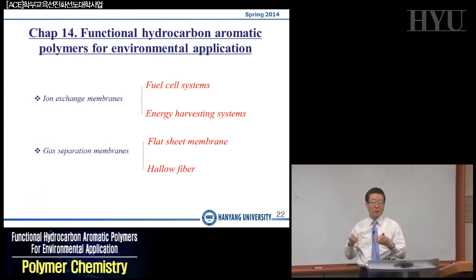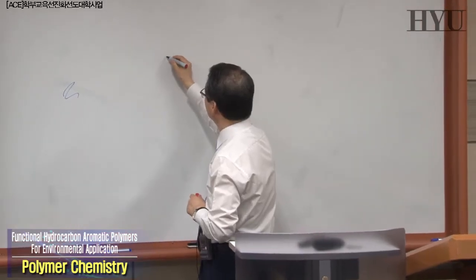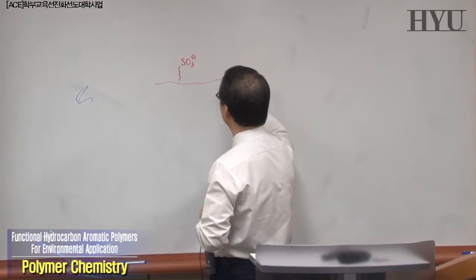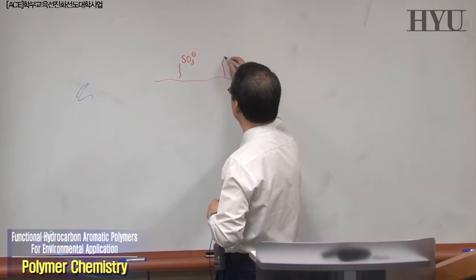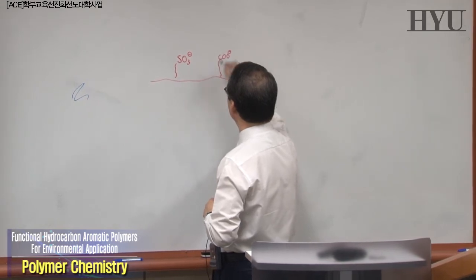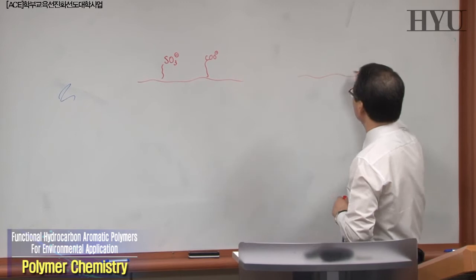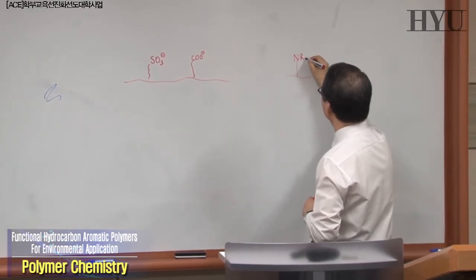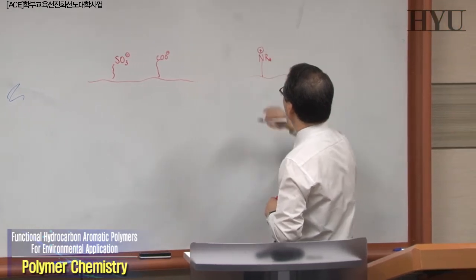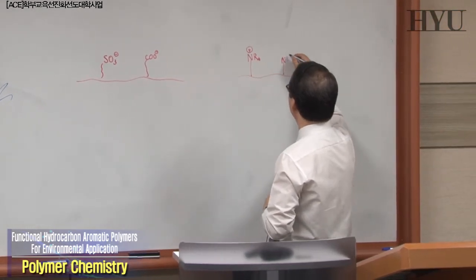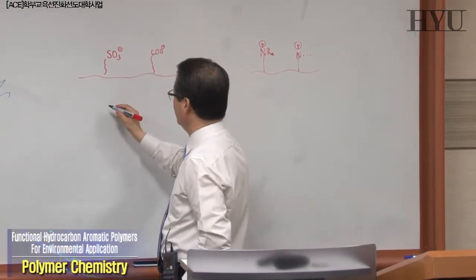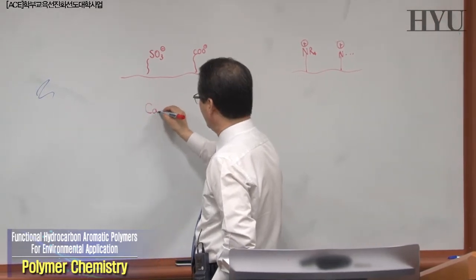So it's a little bit complicated and a little bit confusing. Okay, this is the cation exchange membrane.